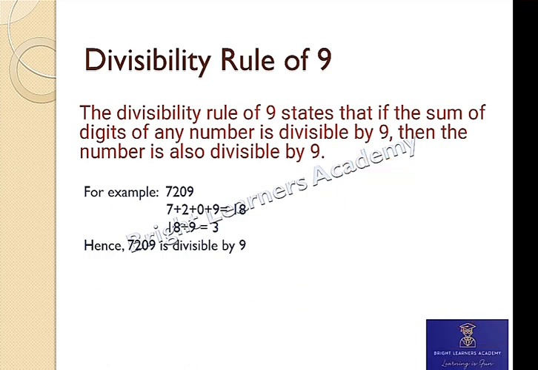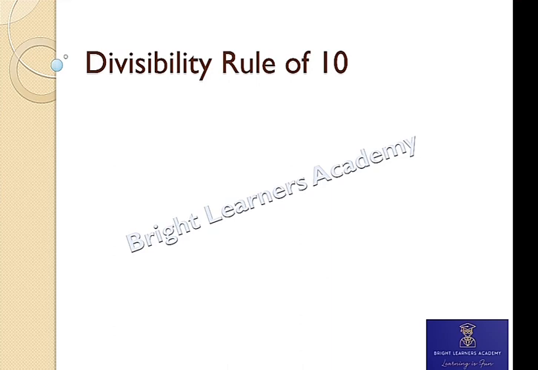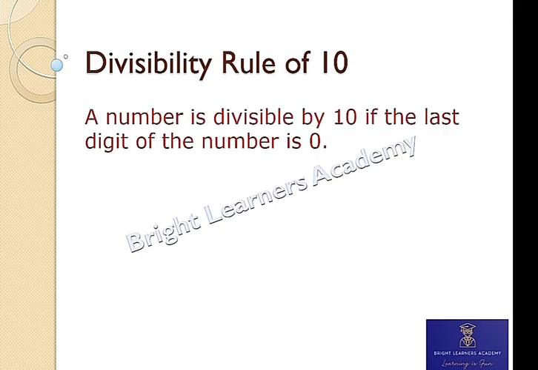Now let's discuss the divisibility rule of 10. And this is very simple. The divisibility rule says that a number is divisible by 10 if the last digit of the number is 0. Just we have to see the last digit, and for example the number is 26,780.